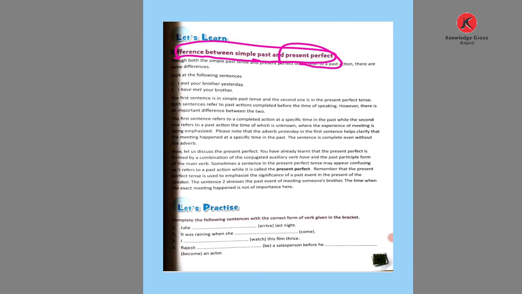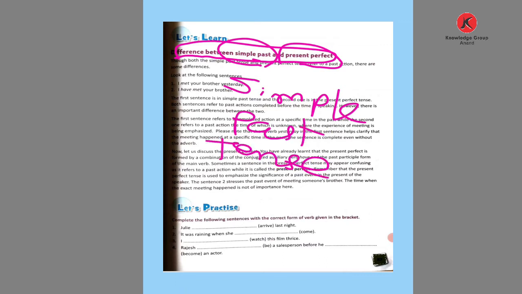So what is the difference between these two? In the simple past tense, at the time of speaking, the action was completed in the past and is not going further.